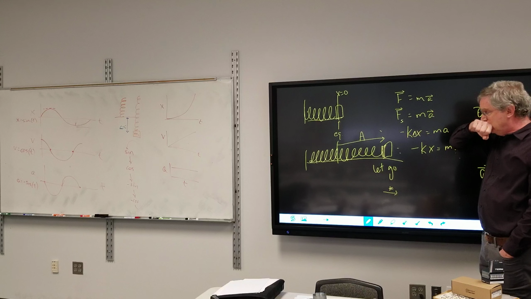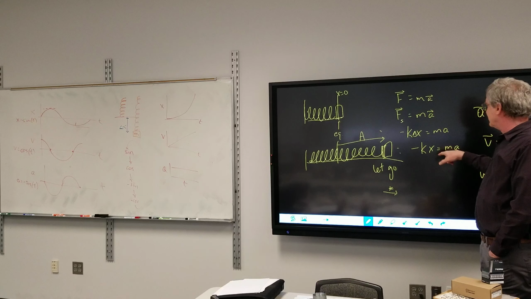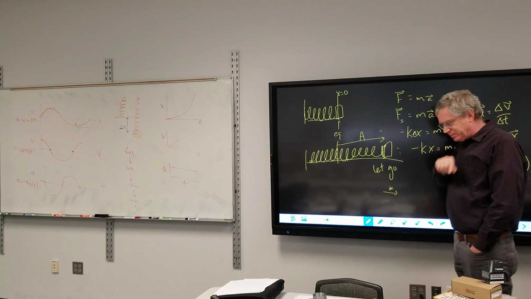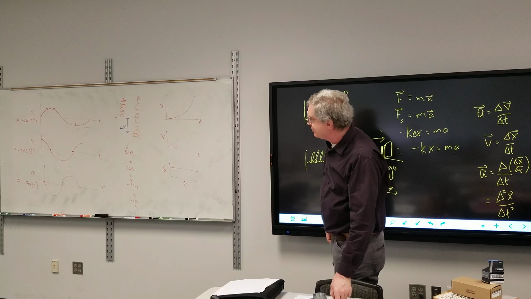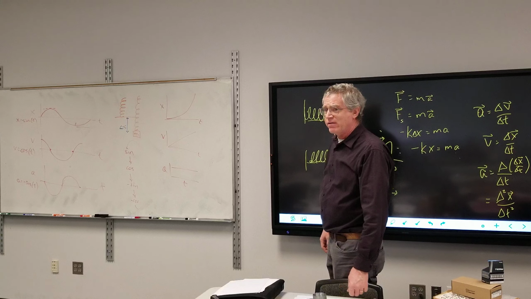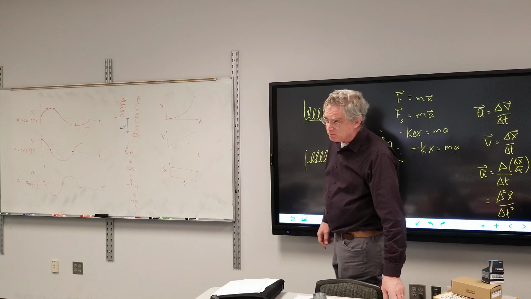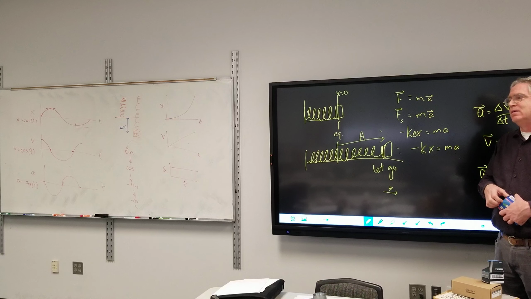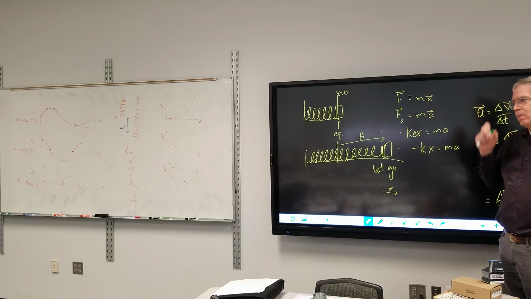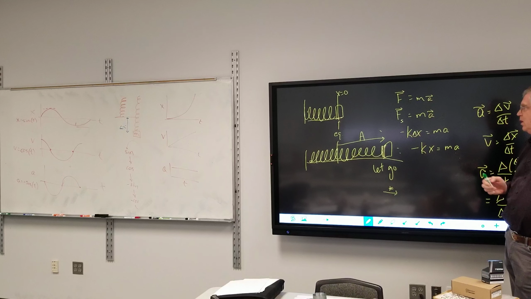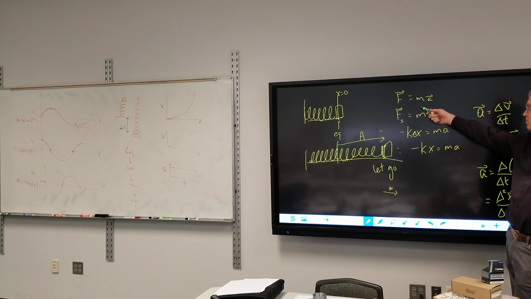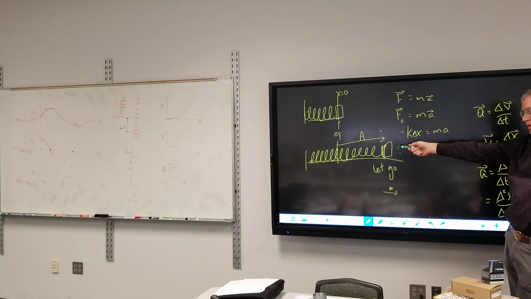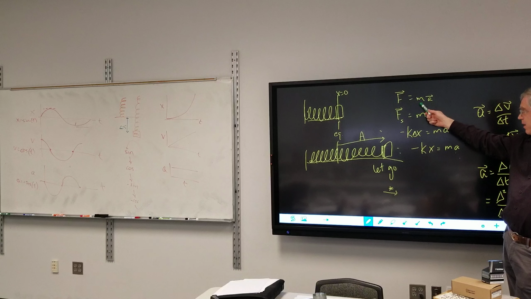All right, so now I have to worry about this k and m. Now, if you don't mind me asking a previous question, we're setting these up as trig functions, why? All right, so based upon Newton's second law, and the fact that we're dealing with a spring that obeys Hooke's law, F equals ma.